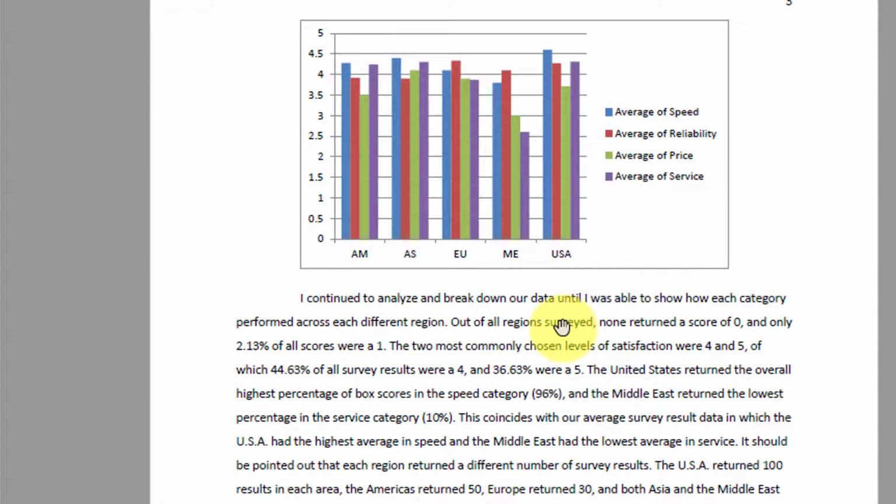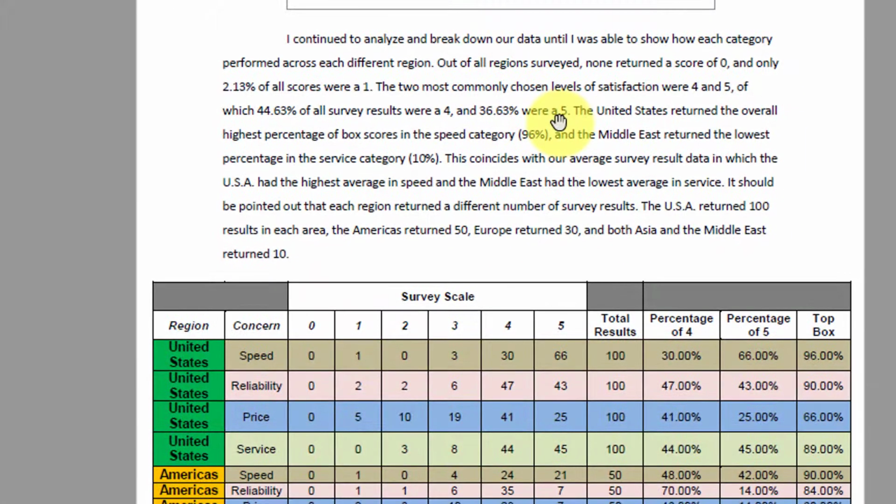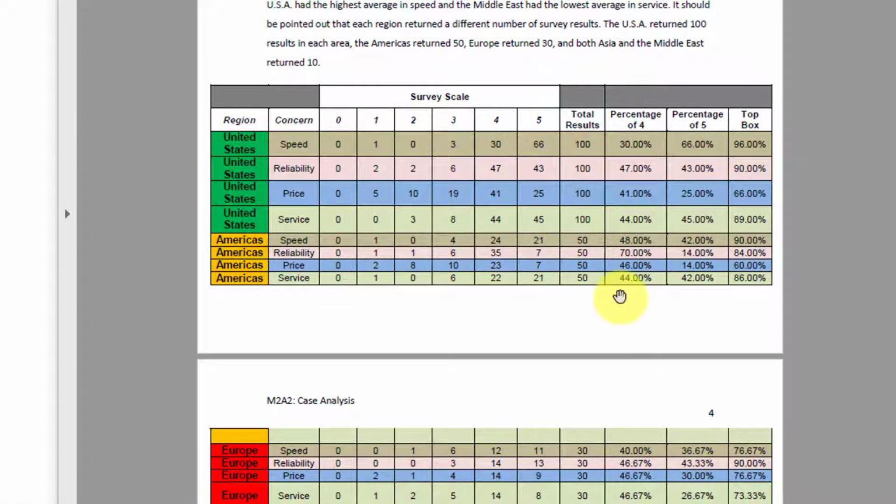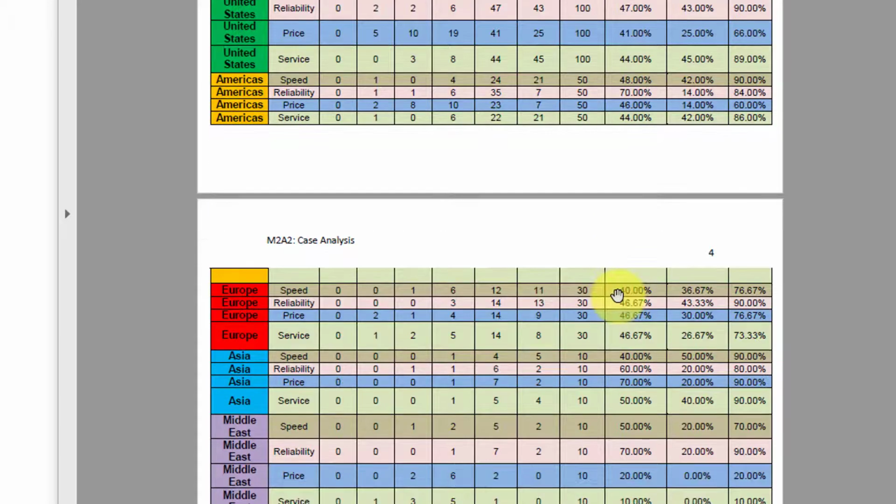And then they talk a little more about these, and it is getting into the second part, which is the box top scores, and we want to know the percentages of fours and fives.